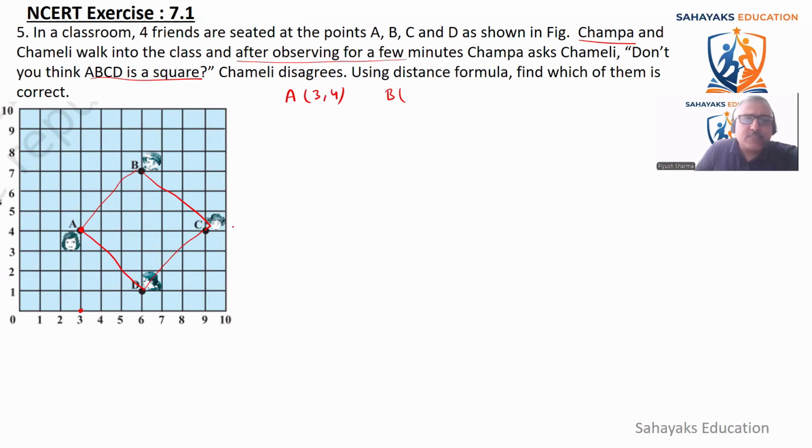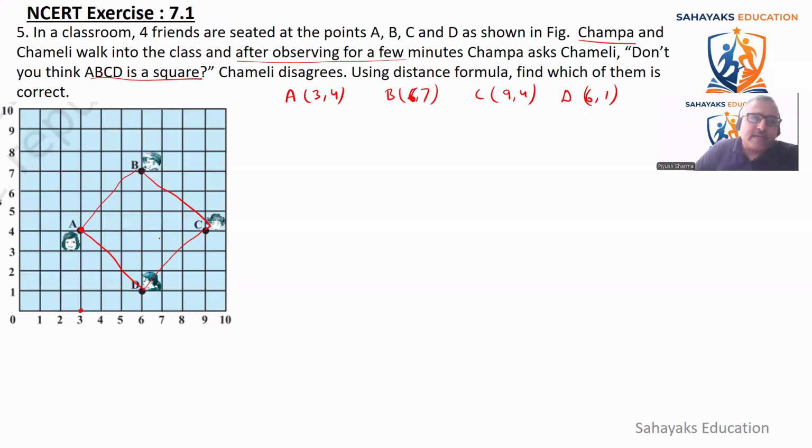B is 6, 7. What is C? C is 9, 4. And D is 6, 1. Okay, so these are the points.